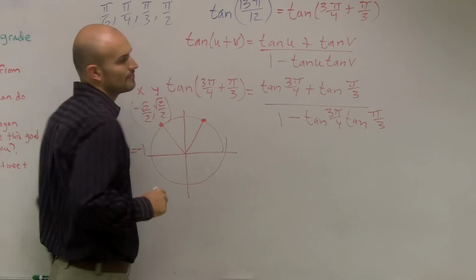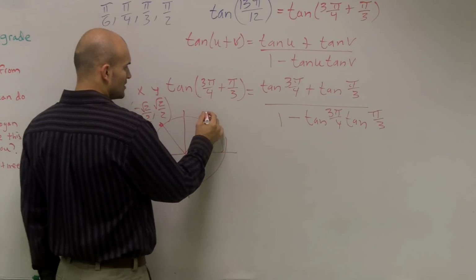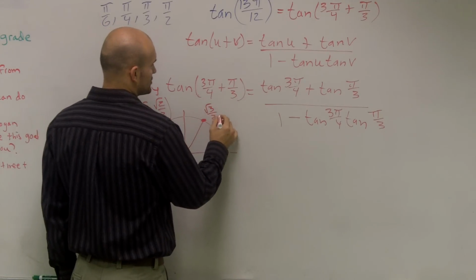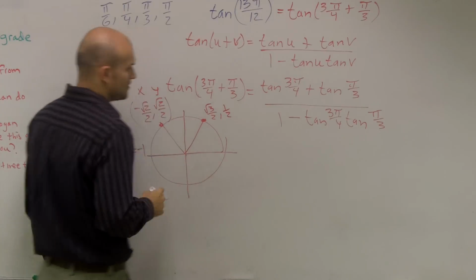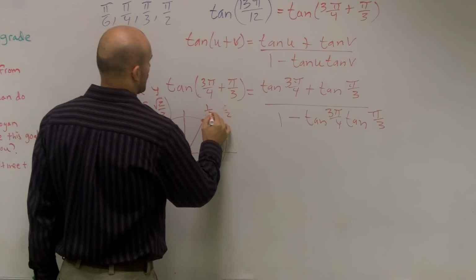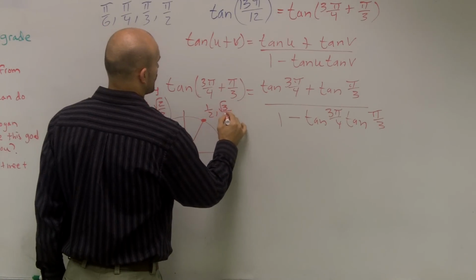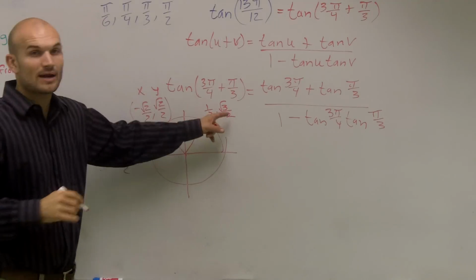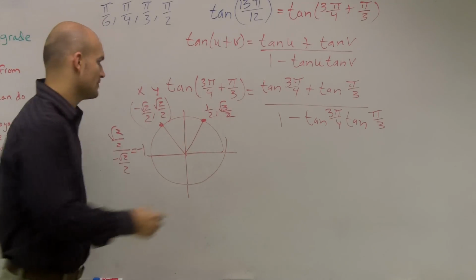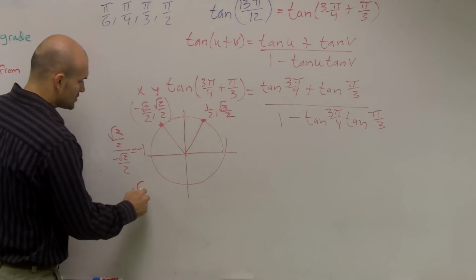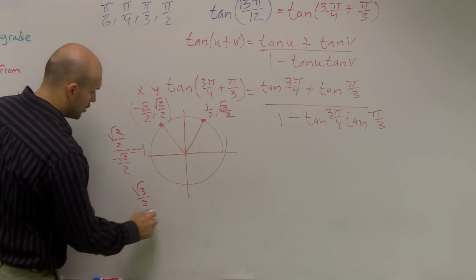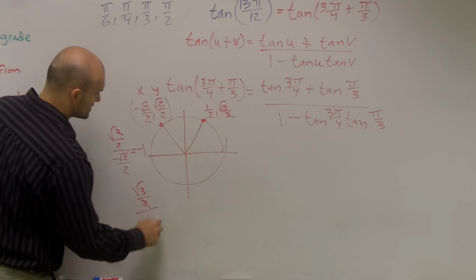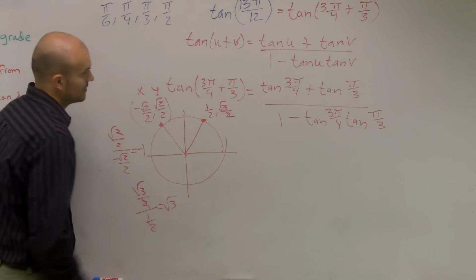Then I look at pi over 3, which gives me 1/2, comma, radical 3 over 2. Now when I write this as y over x, which is radical 3 over 2 over 1/2, the 2's cancel out and I'm left with radical 3.